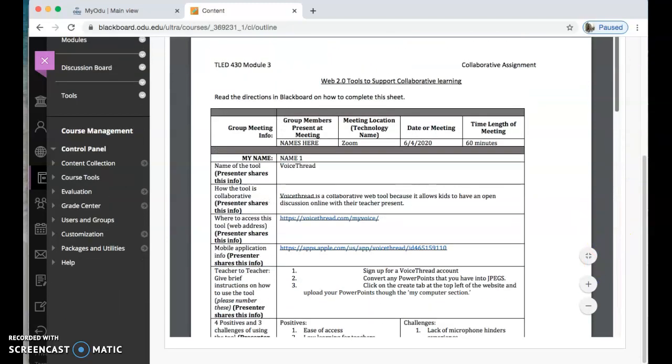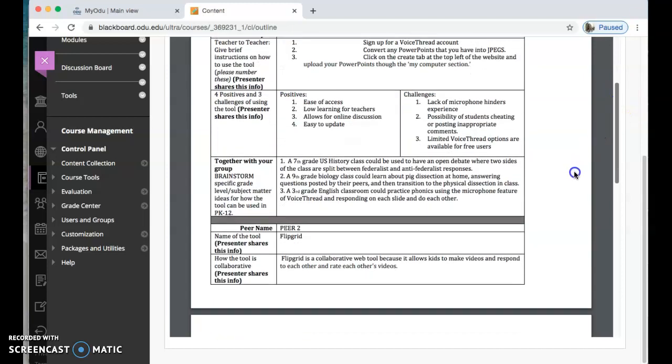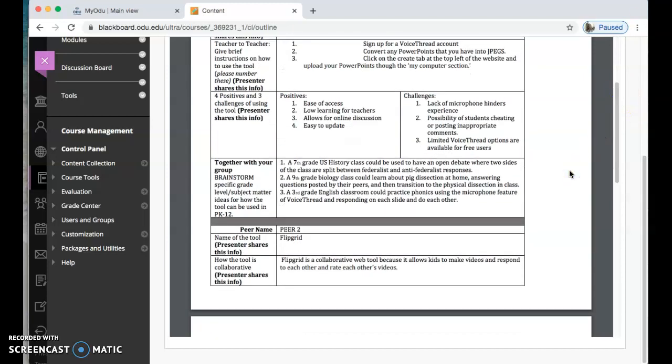I think this was just a pair group. Yeah, just the 2. So you can see here on the examples, what I'm looking for is for you to really tell me how the tool you've chosen could be used collaboratively with kids. You could pick a tool and say, kids could collaboratively respond to each other. They could collaboratively create something together.